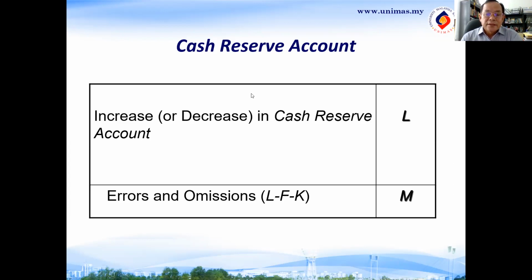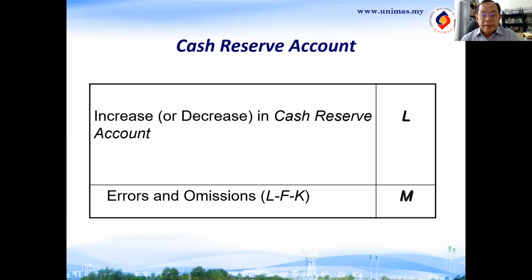So the cash reserve account would be either an increase or decrease in the cash reserve, which I put as L there. So with a good economy, you may have a good reserve, positive or an increase, and when the time is not so good, you may have a decrease. That will be indicated by a decrease in the reserve in the account.